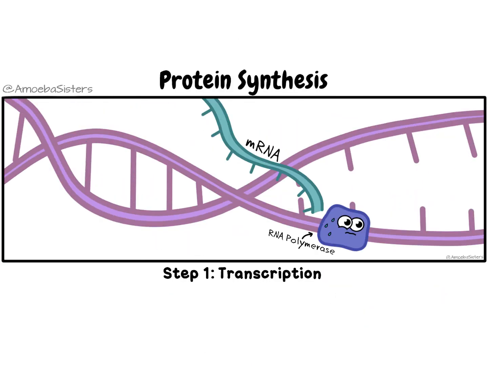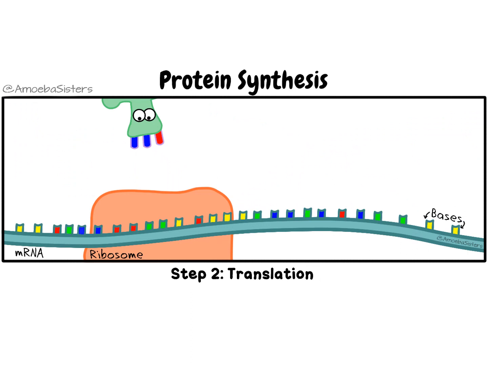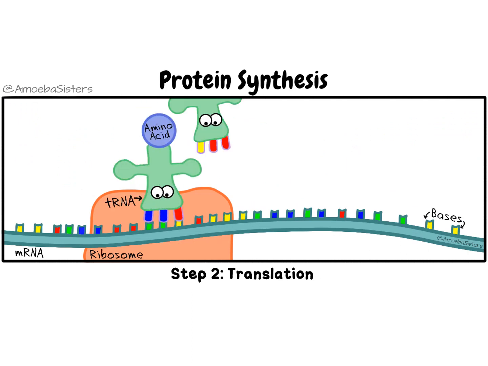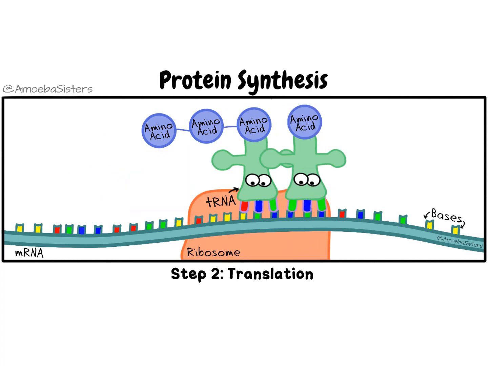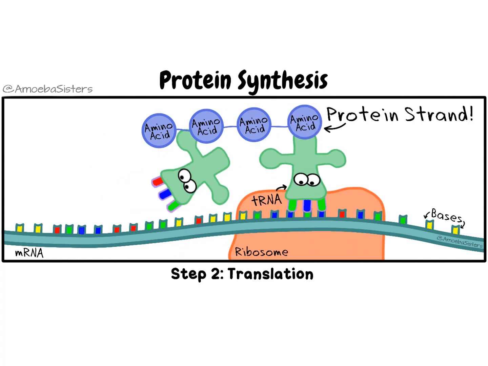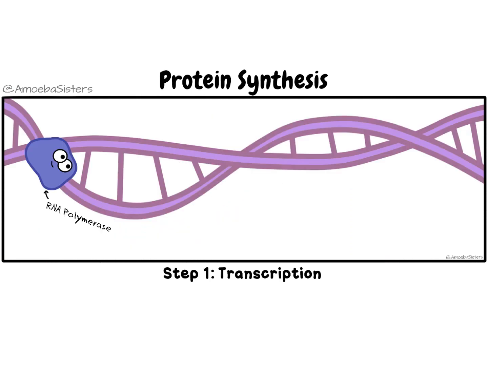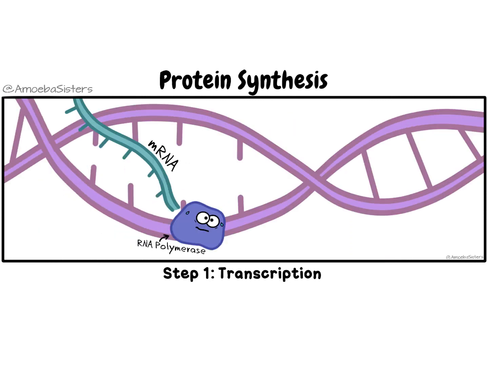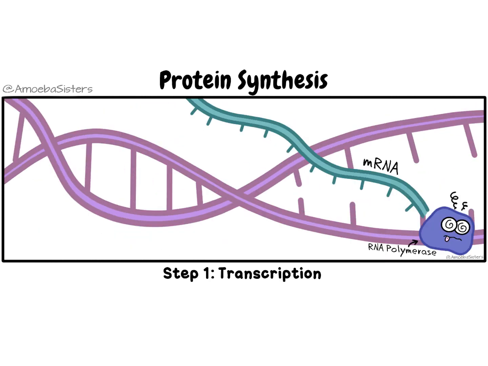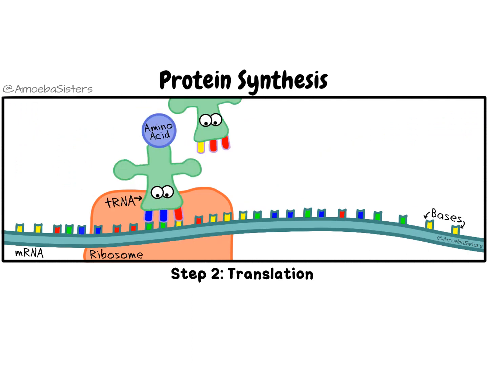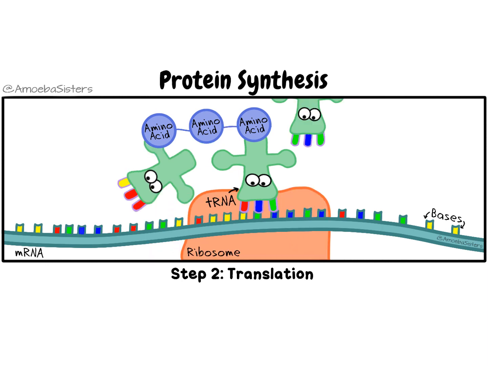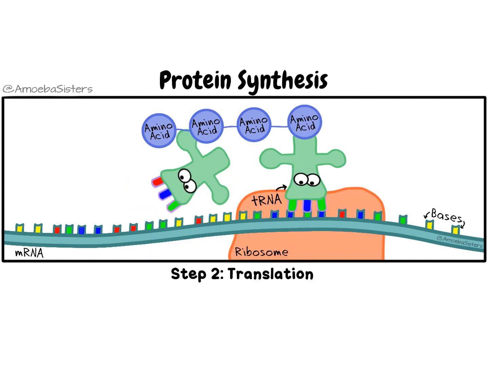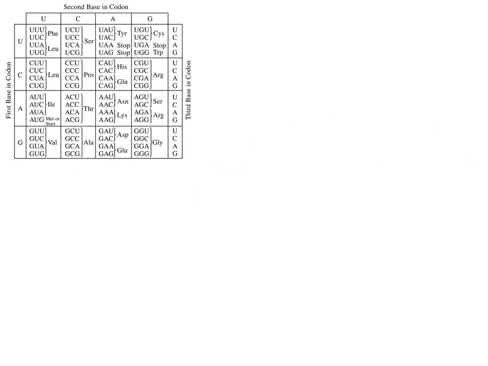So this is just kind of like a thing that says, here's your translation, which brings in the amino acids, transfer RNA with the anticodons, and combining with the codons on the messenger RNA. Okay.